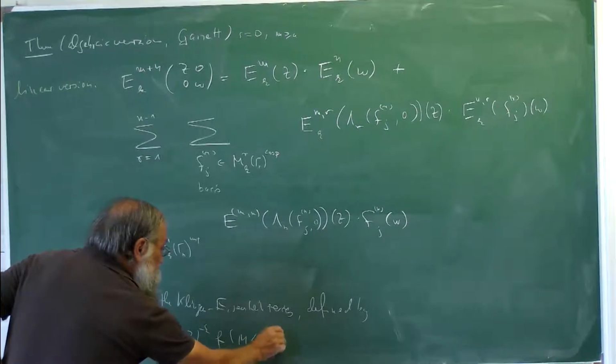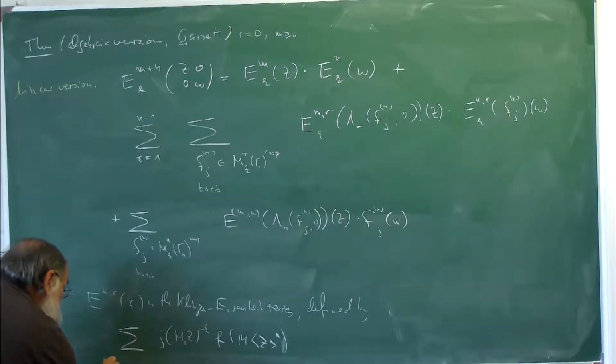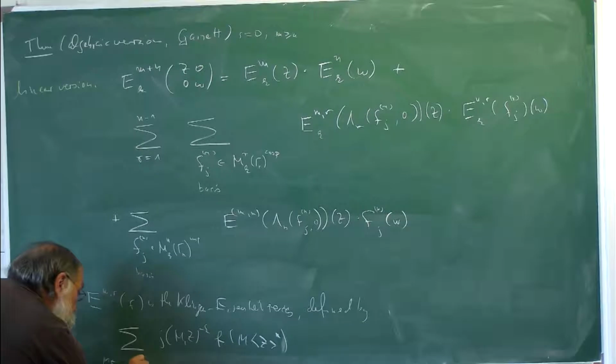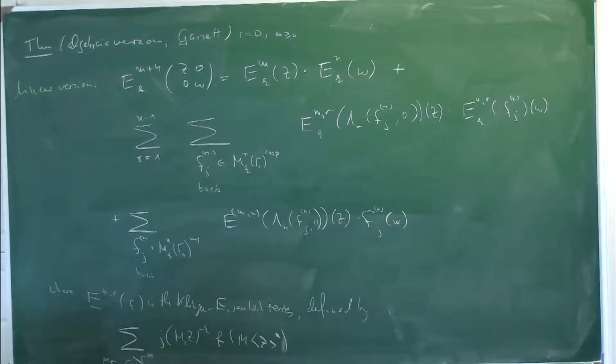And star was just the upper left corner of size r, and m had to run in gamma n modulo something I had called c gamma m, a maximal parabolic subgroup.